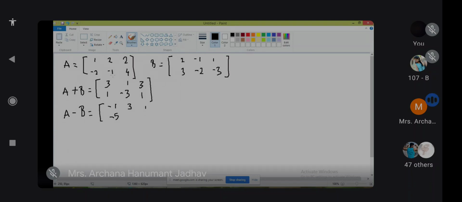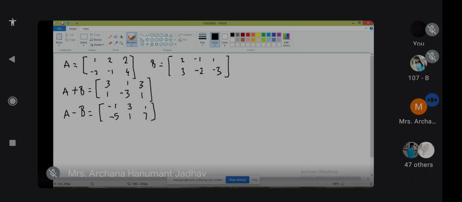Next one minus 1 minus sign, this one minus 2. So minus minus becomes plus. So minus 1 plus 2, it becomes plus 1. Next one 4 minus minus 3, it becomes 4 plus 3, 7.